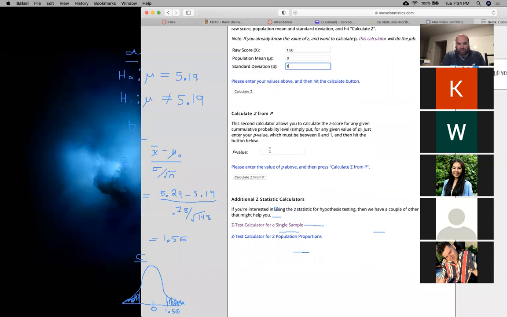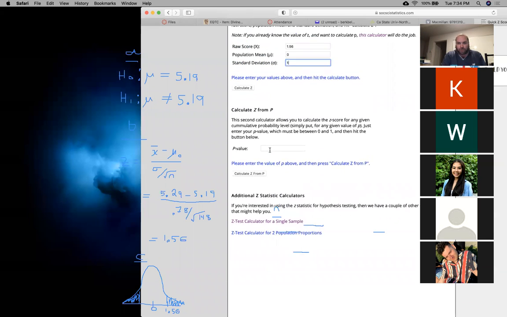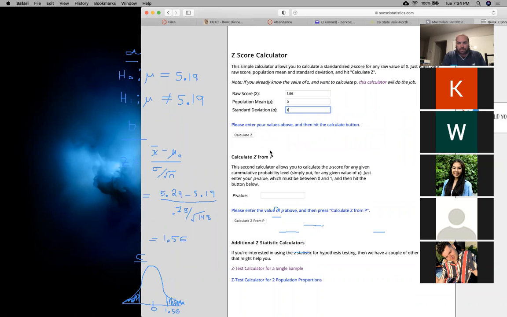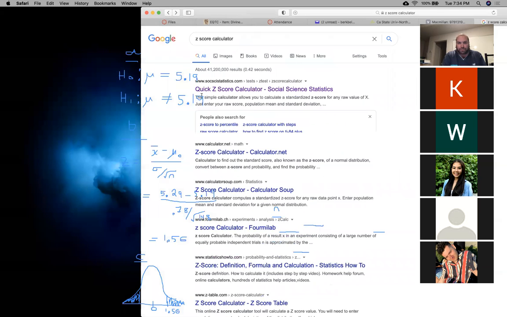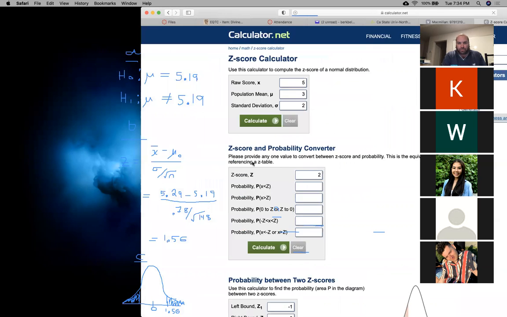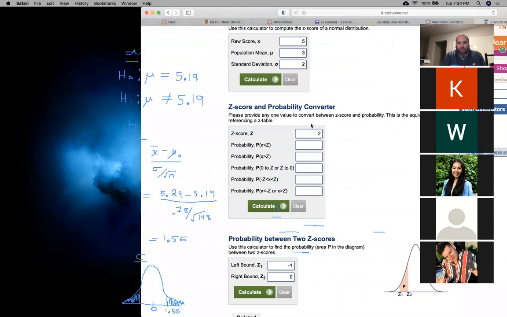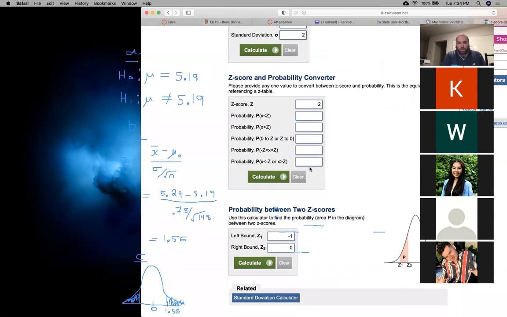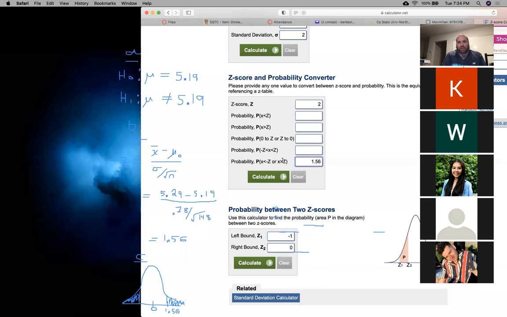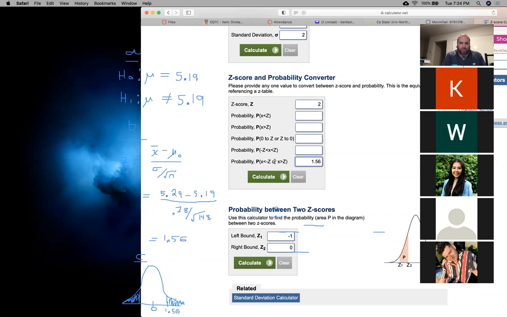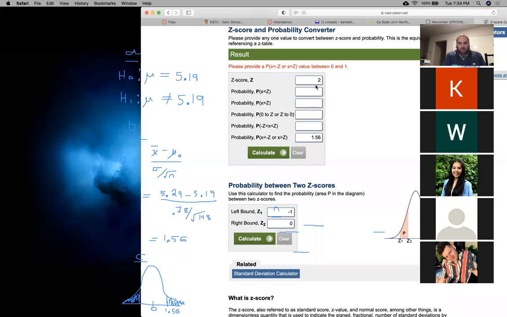So in our case, I don't think this is the one I want. Let's try this one. Here we go. We want being past 1.56 or less than negative 1.56.